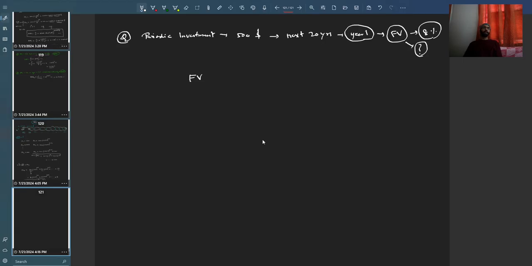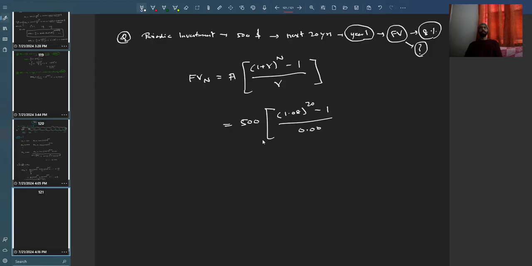Obviously, FV is equal to the periodic amount multiplied by ((1 plus compounding rate) raised to the power of number of periods, minus 1) divided by the compounding rate. Here we replace it with the values: 500 multiplied by (1.08 to the power 20 minus 1) divided by 0.08.